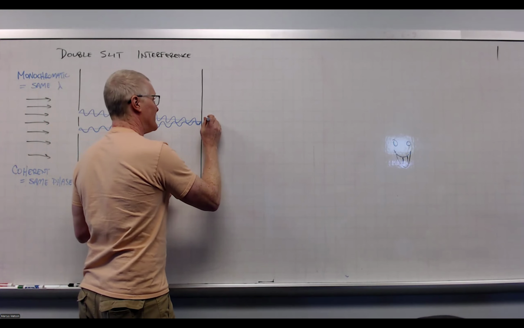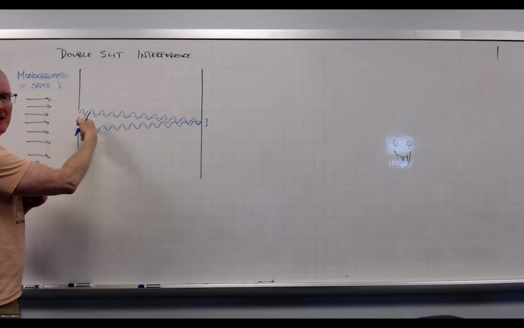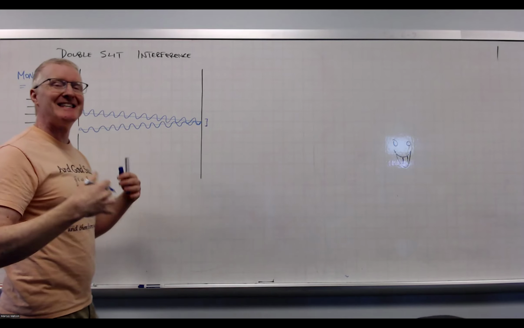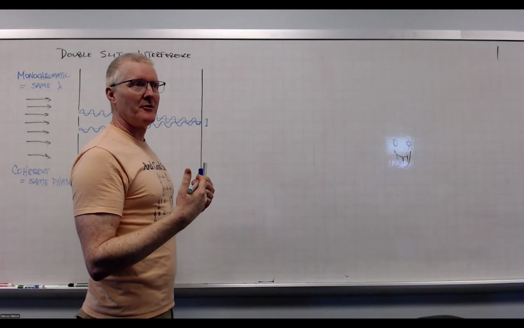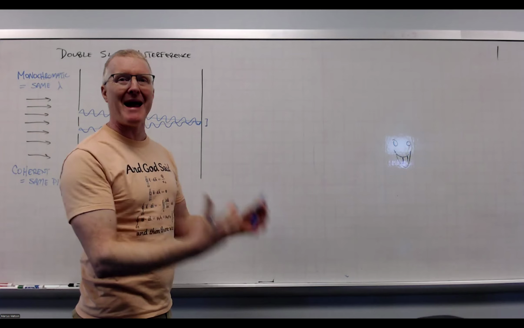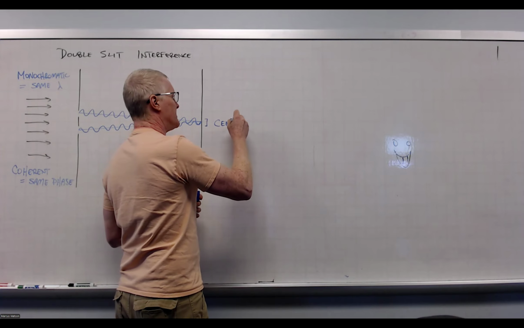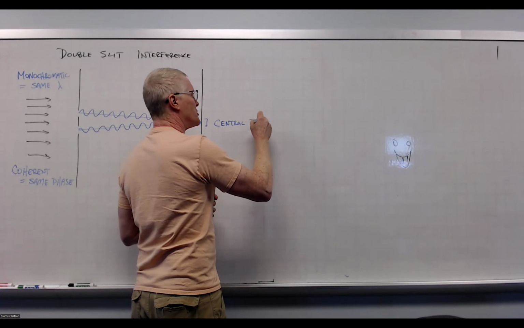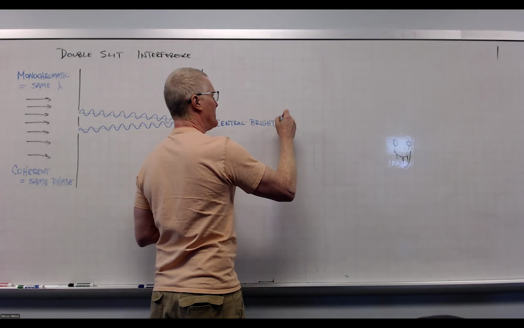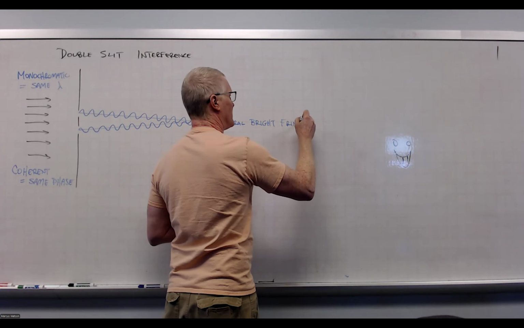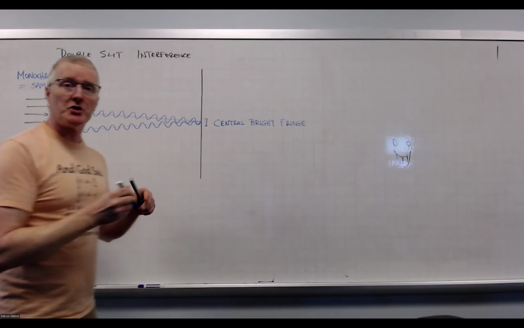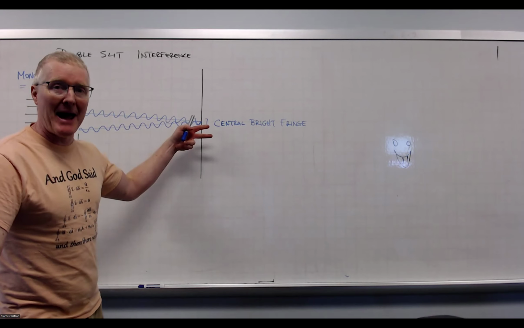This point here is directly opposite the middle of the two slits and is known as the central bright fringe or the central bright maximum. All right, this is the point where constructive interference happens due to the two waves traveling the exact same path.